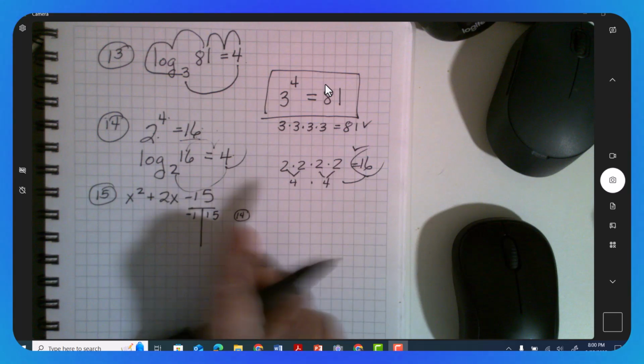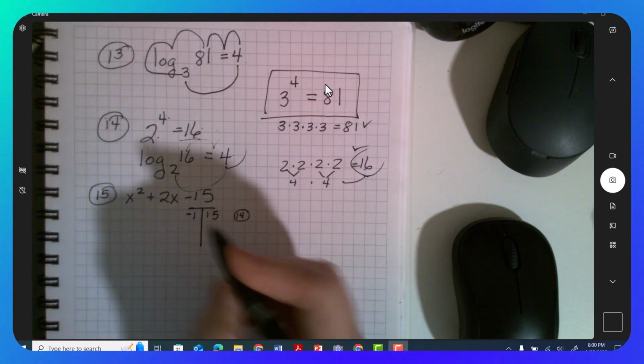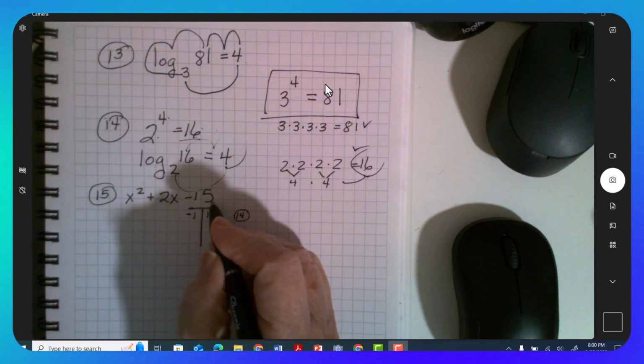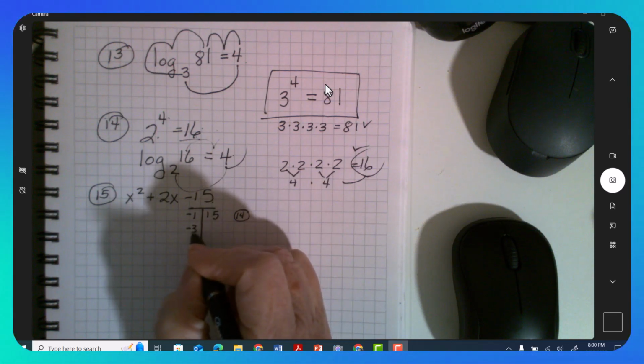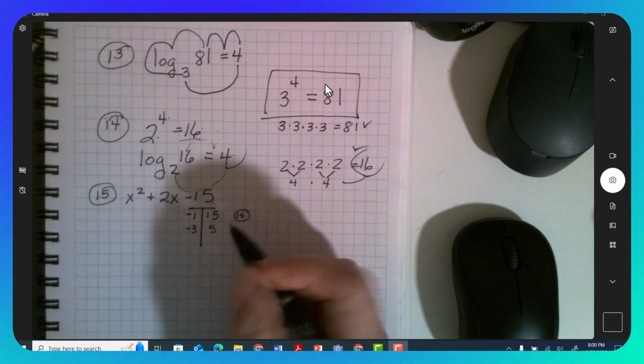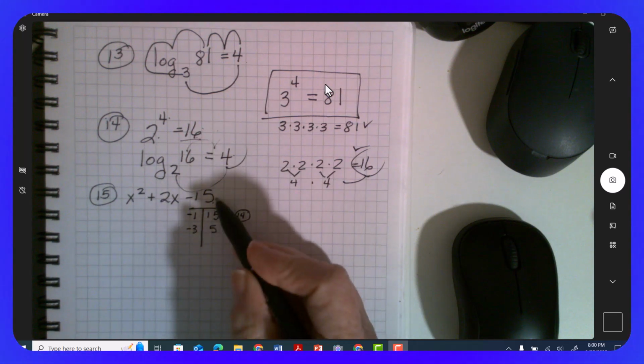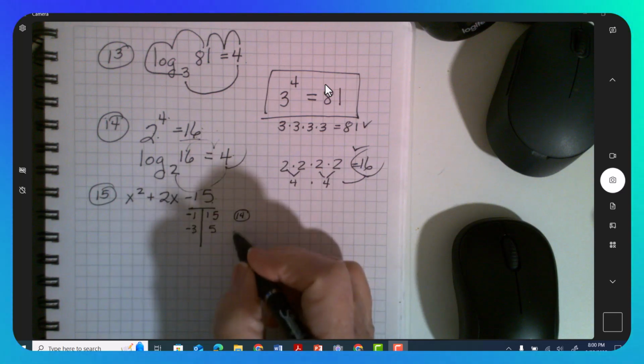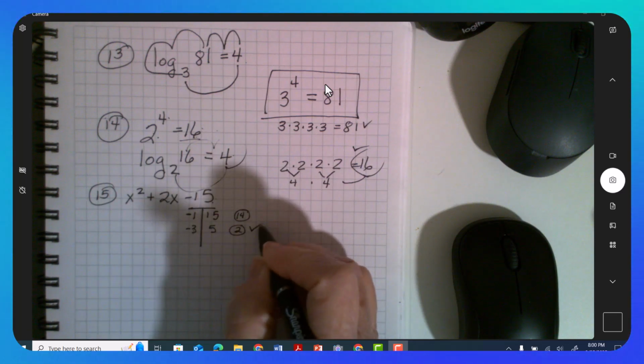It's not what I'm looking for. I'm looking for positive 2. Okay, now let's move to negative 2, doesn't go in. Negative 3 goes in 5 times. Negative 3 times 5 is negative 15. Add 5 to negative 3, and we get positive 2, and that's what I'm looking for.